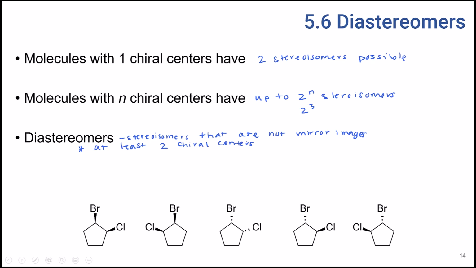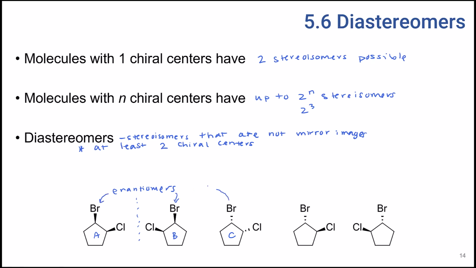If I look at this first set of compounds, I have the Br and the Cl. In that second compound, if I call this A and B, these are mirror images of each other, so these are enantiomers. C, if I call this C, is also the enantiomer of A. So these are enantiomers.